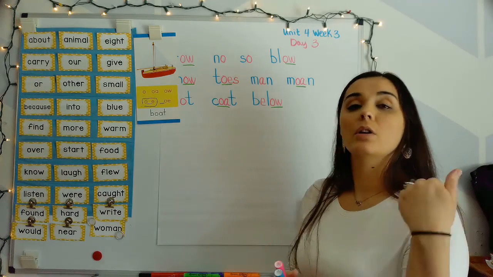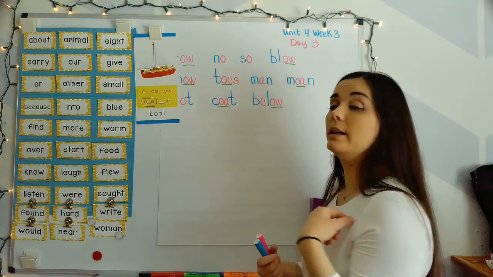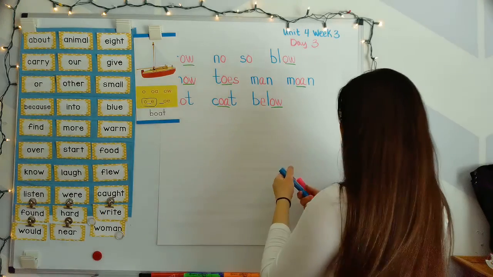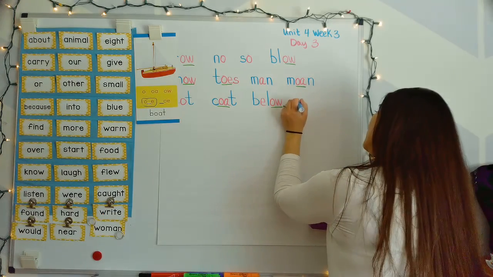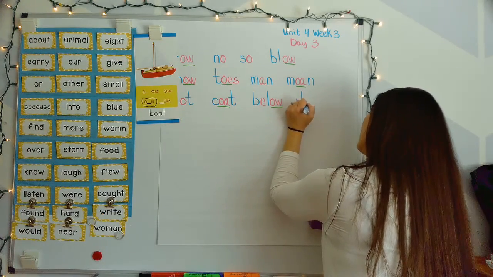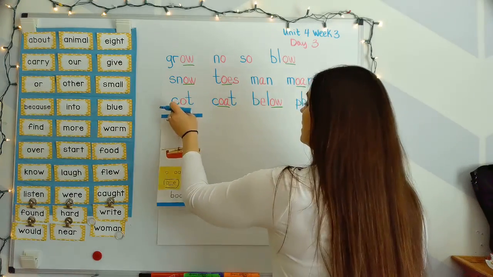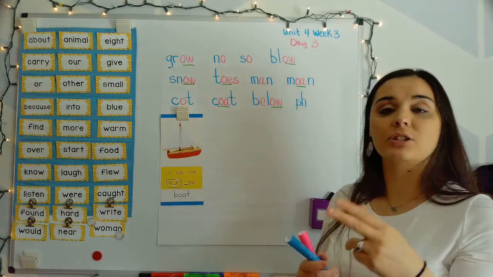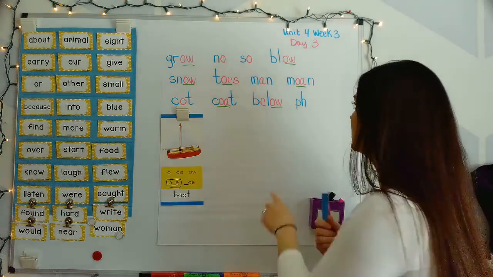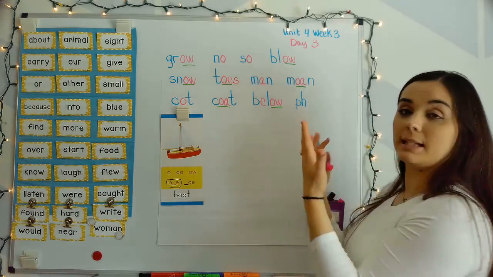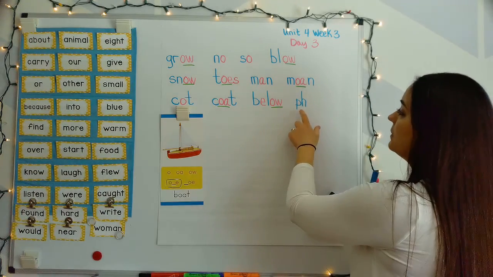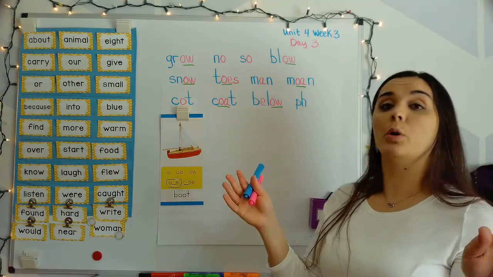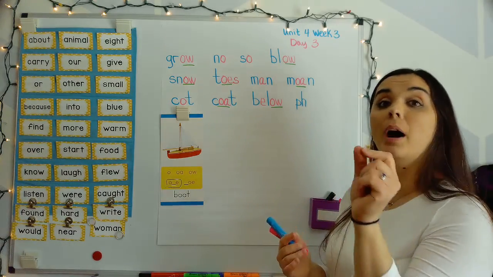photo. Your turn. F-O-T-O, photo. So PH, remember PH is a digraph that makes the F sound. So with digraphs, you can't sound them out letter by letter. This will never be pa-ha. There is no word where PH is going to say pa, ha.